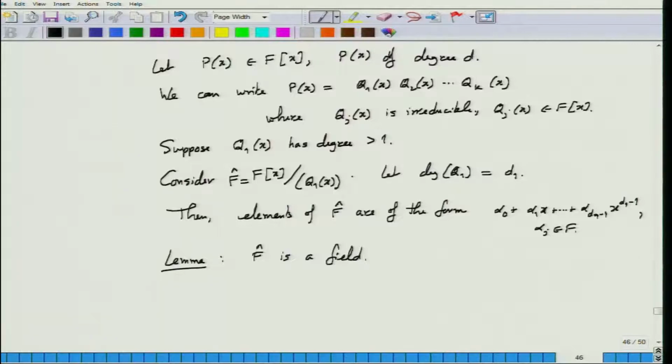We have seen it's a principal ideal, but it's also a maximal ideal because Q1 is irreducible.